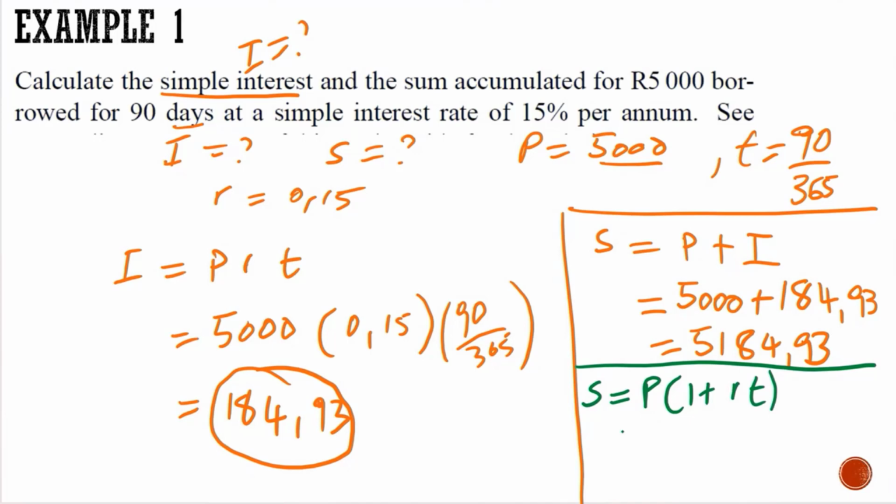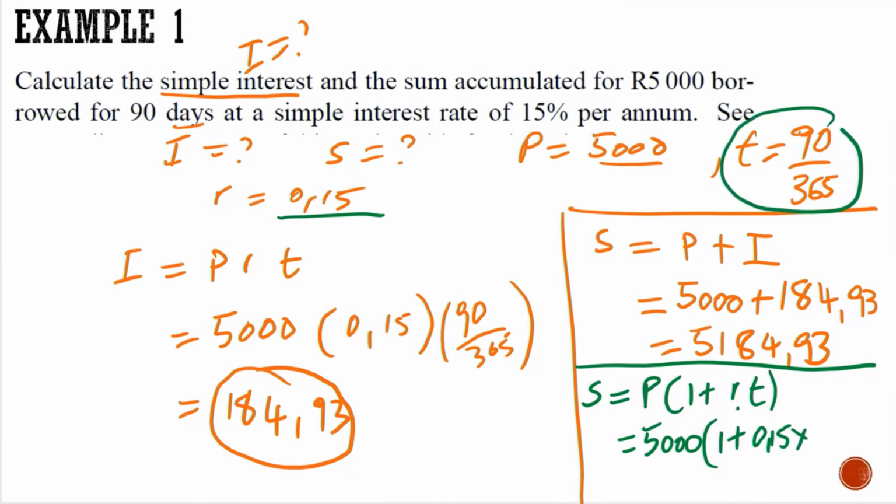Your principal is 5,000 into 1 plus your R, 0.15, and then the time, using the same variables as you've broken them down, 90 over 365. So you plug this into your calculator, and you find that your accumulated amount is 5,184.93.